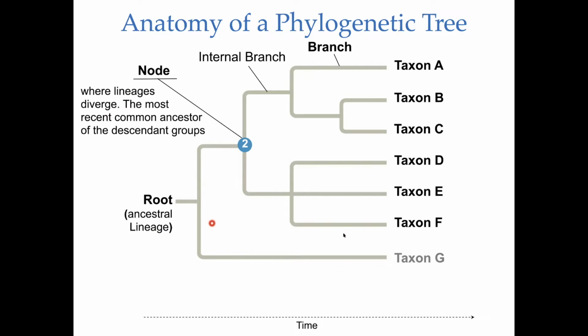So we're going to have one ancestral lineage, which is the common ancestor between everyone. And then according to how they are related to each other, they're going to share a most recent common ancestor.